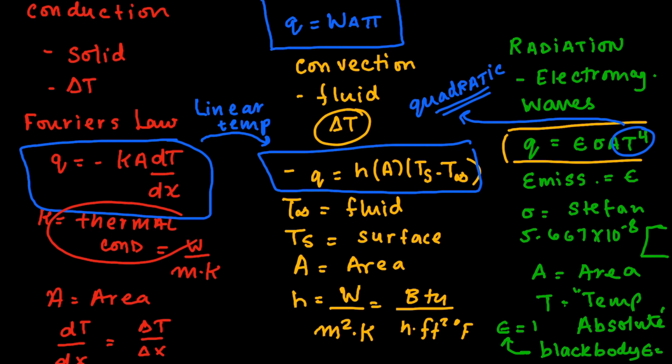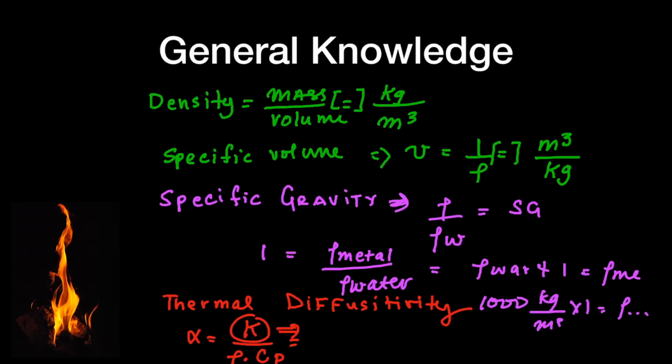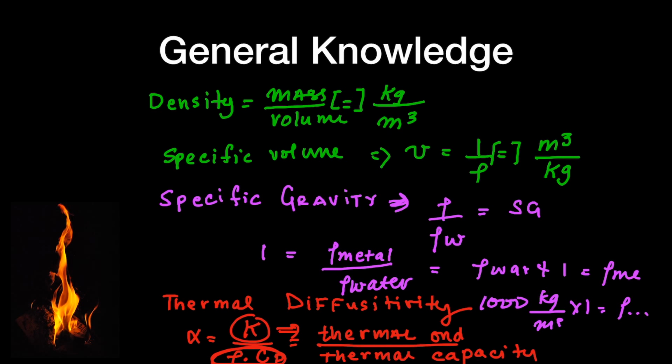So thermal conductivity divided by this right here, which is thermal capacity. This is the definition, just keep that in mind. The units for this are meters squared per second, almost like meters per second squared, but instead it's meters squared per second.